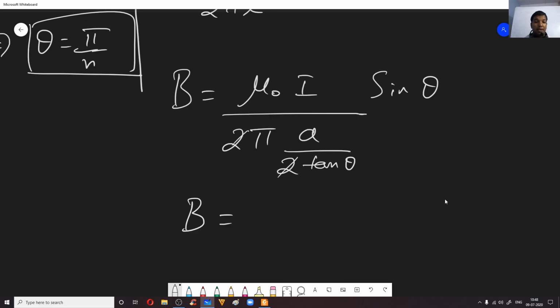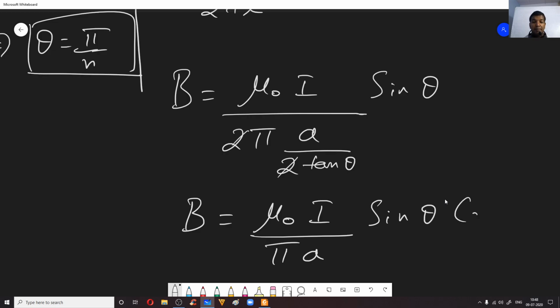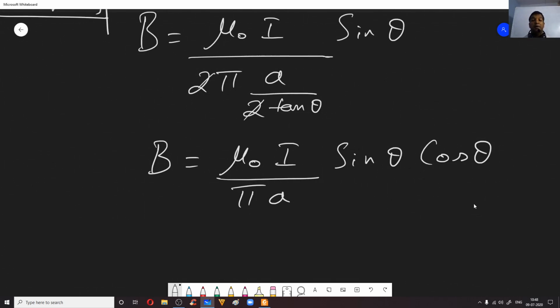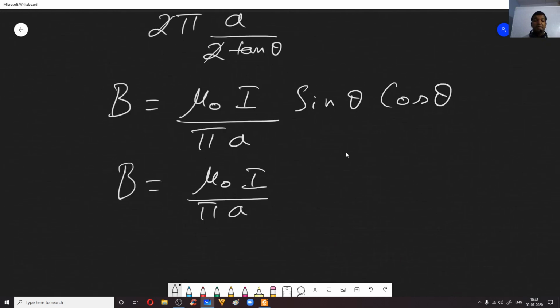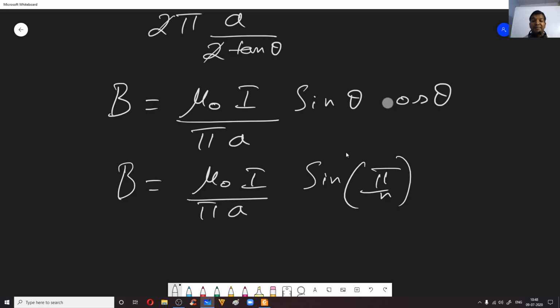So B you can write as mu naught I divided by pi a into sine theta into tan theta, correct? Now what is theta? Theta we substituted as pi by n. So B is mu naught I divided by pi a sine pi by n. Sorry, this is not cos, this is actually tan. So it's tan pi by n.